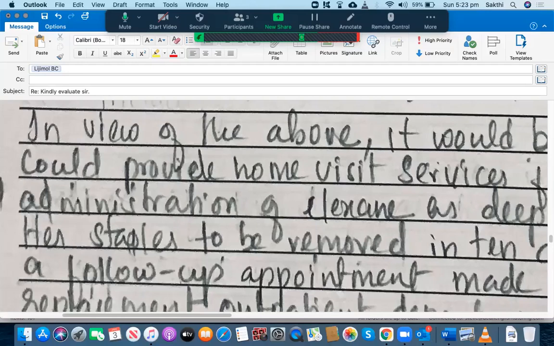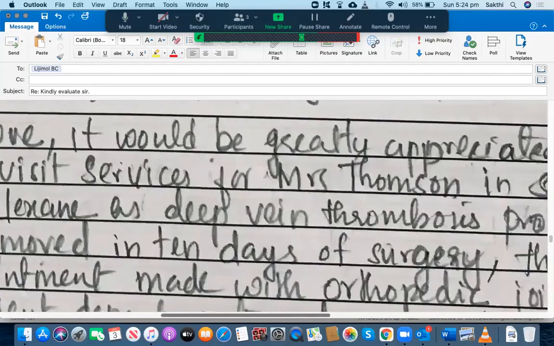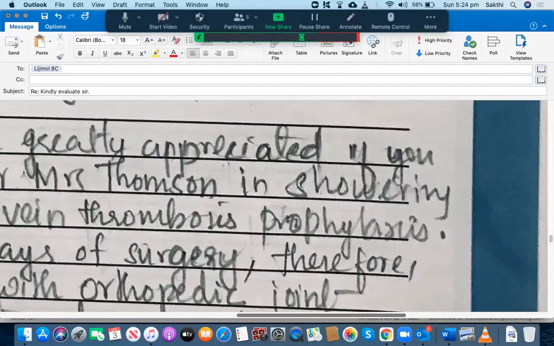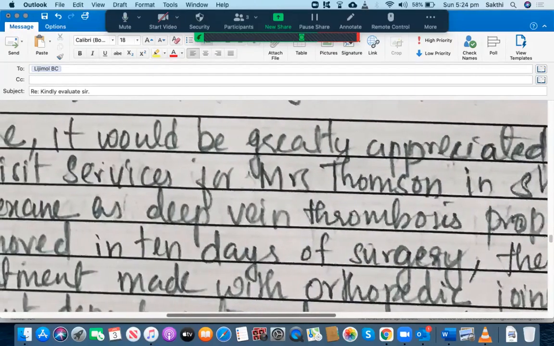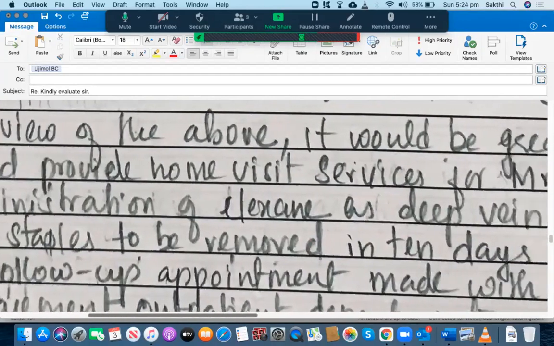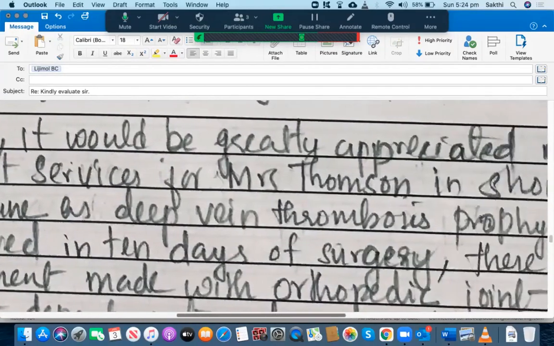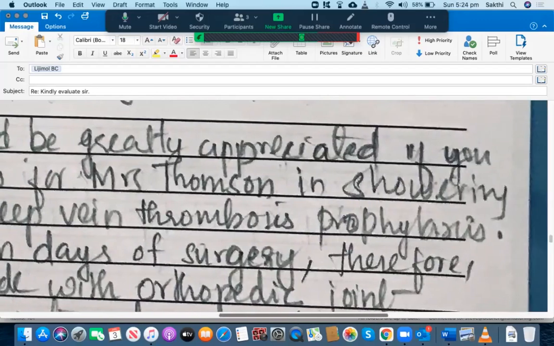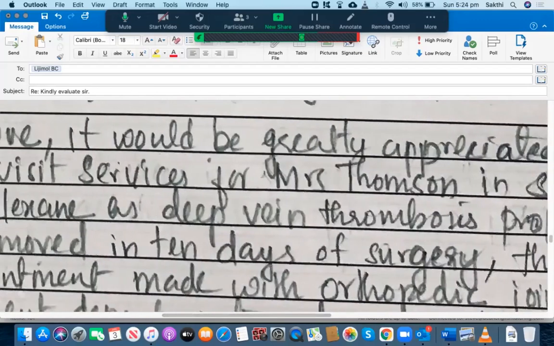Okay, but that cannot be used with as. Clexane is used for this particular condition, am I correct or not? Condition means prophylaxis, because it is to prevent. So administration of Clexane as deep vein thrombosis prophylaxis, but I don't know why you have used as.